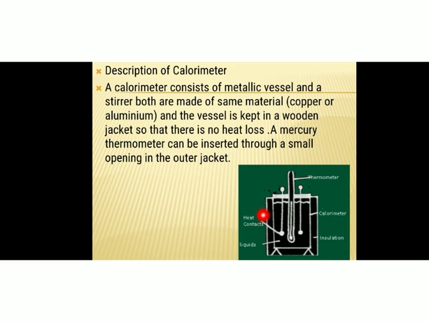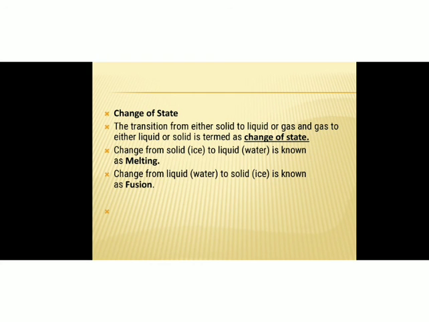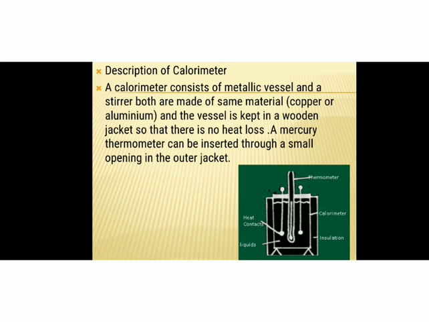A mercury thermometer can be inserted through a small opening in the outer jacket. So here you can see a thermometer inserted through a small opening in the outer jacket. So this is the description of a calorimeter.